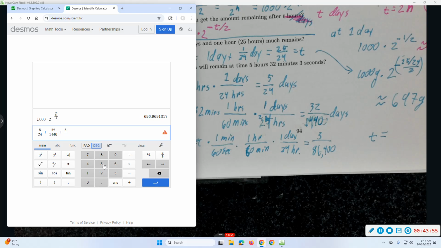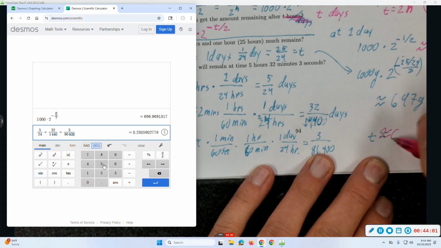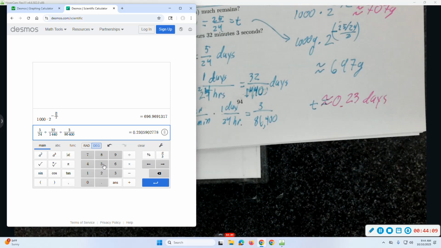Goodness. 86400. Alright, about 0.23 days. And in fact, if I wanted that much precision, I probably could have ignored the seconds anyway. So, you want to know how much of the substance is left after this time? Plug in that t value. You'll get what you get.